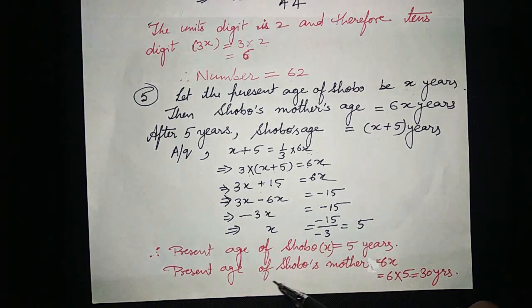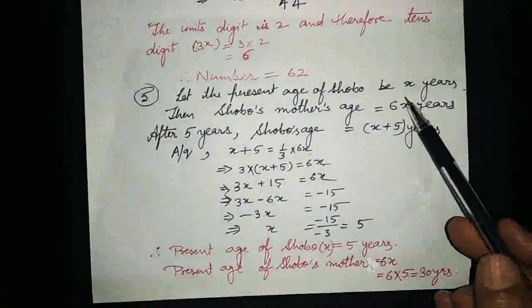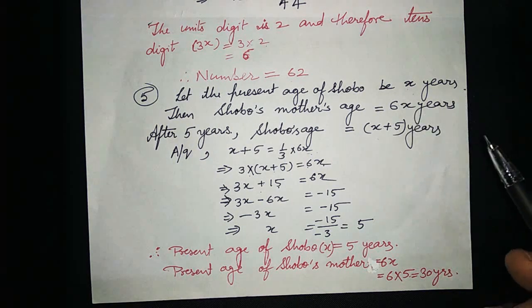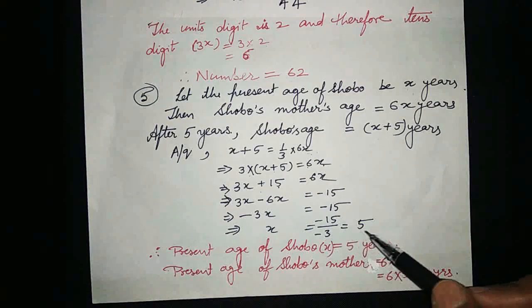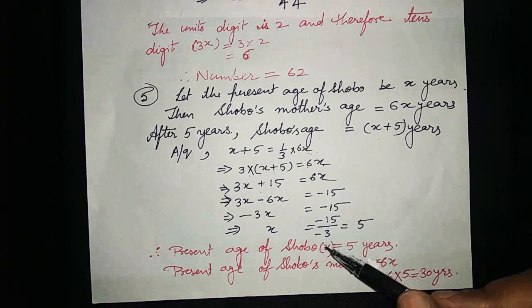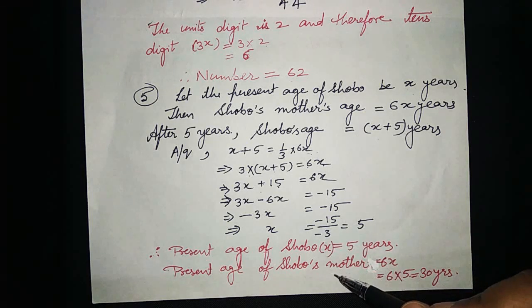And for the present age of Shoboz's mother, we will put the value in 6x, and when we put the value of x in 6x, we get 6 into 5, and 6 into 5 is equal to 30 years. Like this we can calculate the present age of Shoboz and the present age of Shoboz's mother.